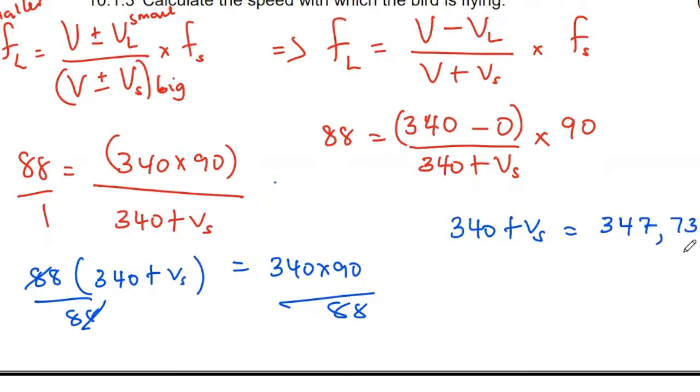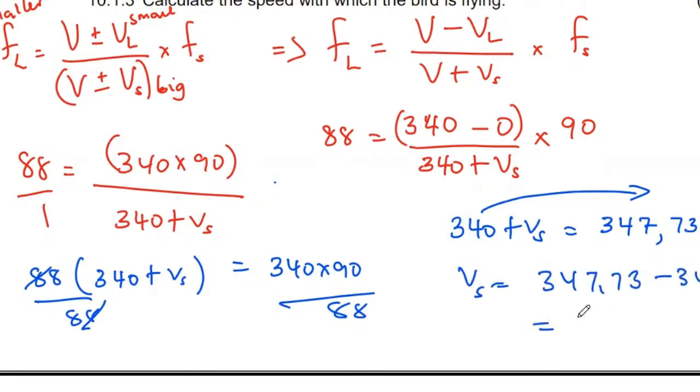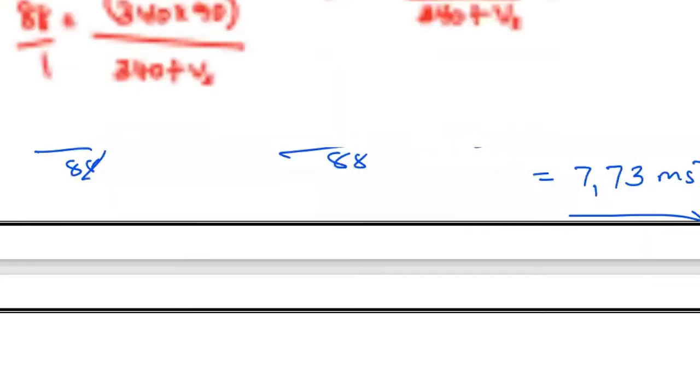Okay, I'll leave it at 347.73, it's fine. Then I'll move the 340 to that side, which will be a subtraction. 347.73 minus 340, so I'm only left with 7.73 meters per second. So that will be the velocity with which the bird is traveling. Okay, so that is done.